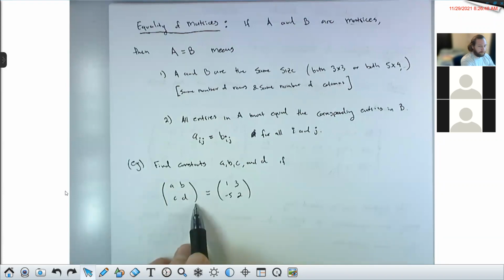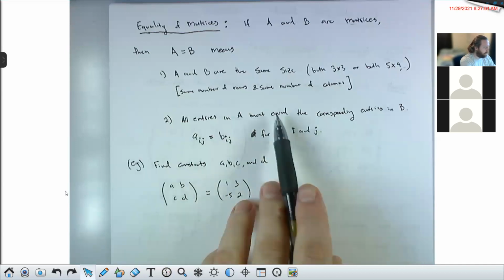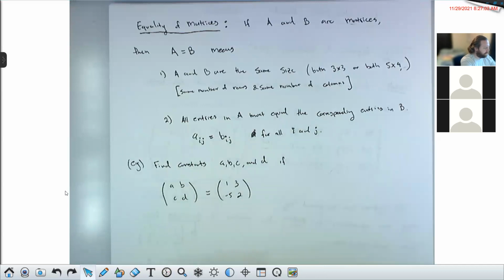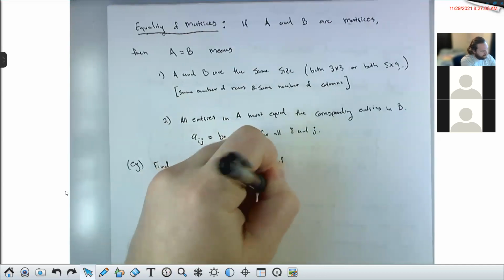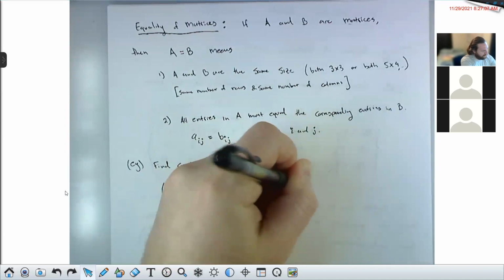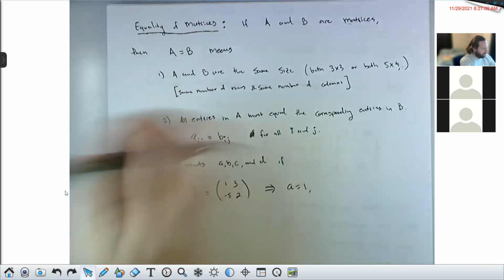Well, these are both 2 by 2 matrices. They both have 2 rows and 2 columns. So that first condition is met. And then what I need is all the entries in A to be equal to the corresponding entries in B. Okay, well, this means that a had better be 1, right?